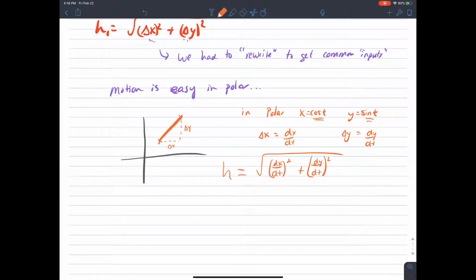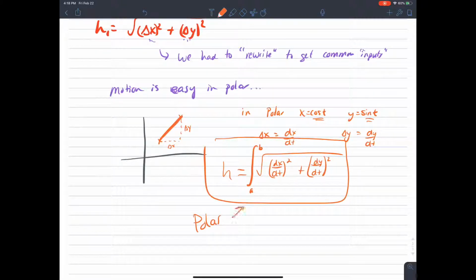So then in polar coordinates, this is going to be the length of our hypotenuse, which we've seen before in some ideas of speed and other things with polar coordinates. That's the length of our hypotenuse because they're already in terms of t, so it's really easy. I just need to integrate to get the length of the arc. So this is in polar coordinates, which is usually simplified because they're already in terms of a common variable t.